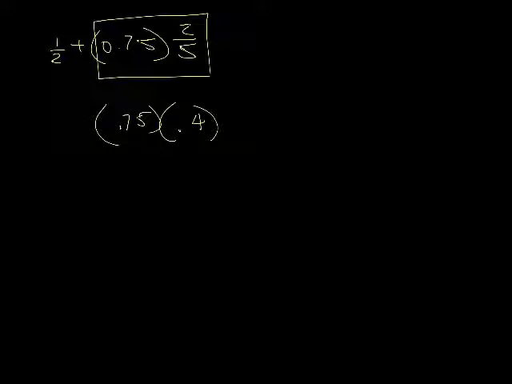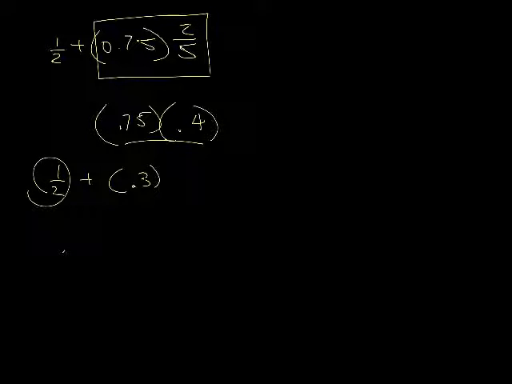That's a real quick and easy way to do it. Then multiply 0.75 times 0.4 and get 0.3. And then add 1/2 to it. You can change your 1/2 to 0.5, since 1 divided by 2 is 0.5. And you get 0.8. So that's pretty quick and painless to do.